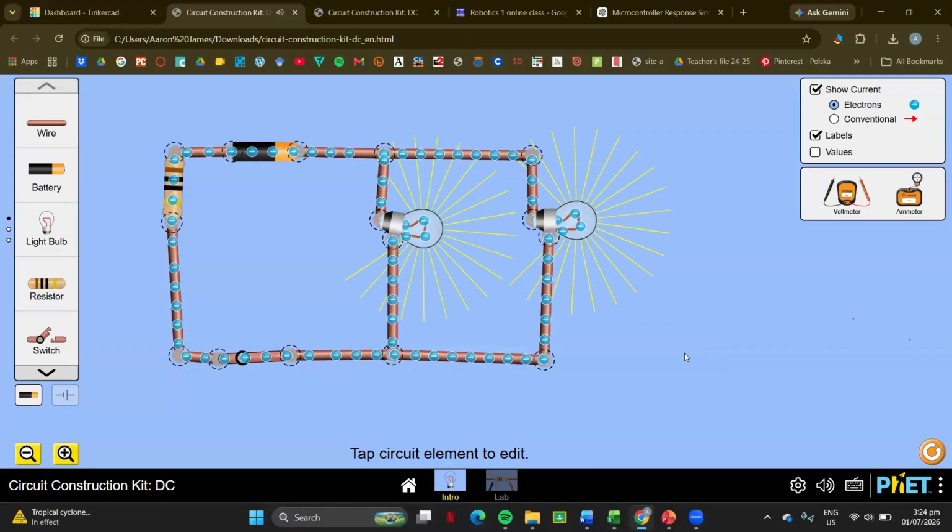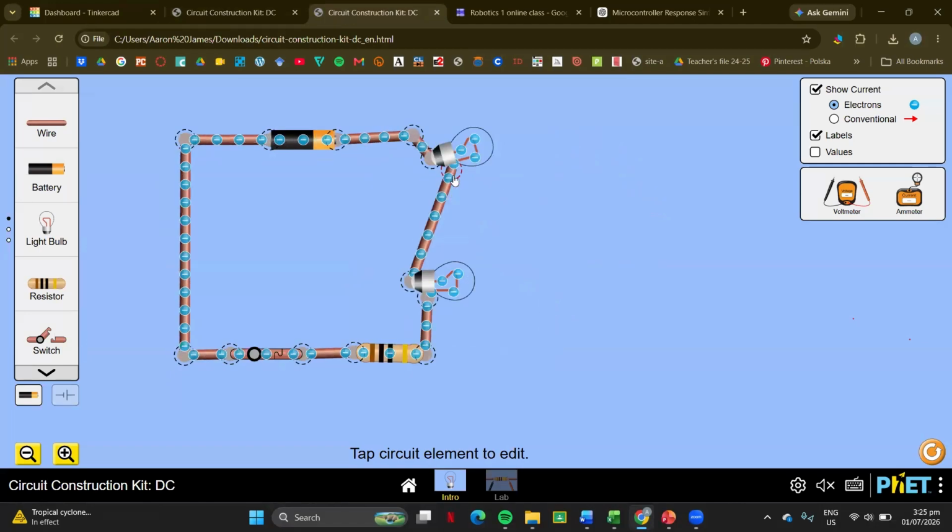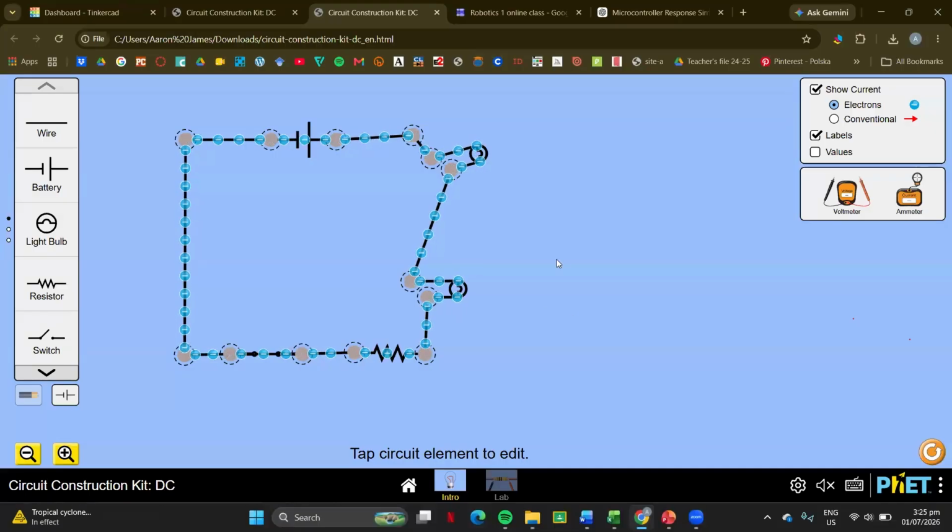I'd also like to note that my circuit flows in a specific direction. I'll go back to this and turn this into a schematic diagram. My circuit flows in what they call the conventional direction of current.